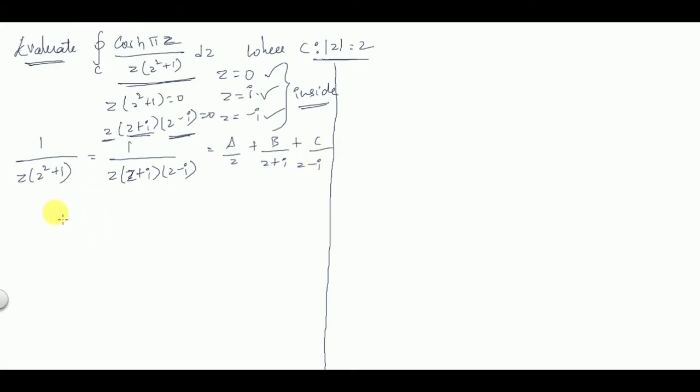Then, in order to find the coefficient a, just substitute z equal to 0, not considering the 1 by z term. So 0 plus i is i, and 0 minus i is minus i.